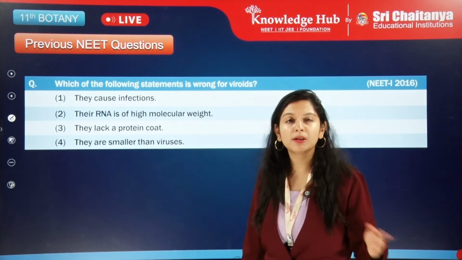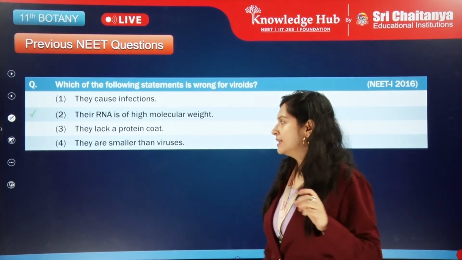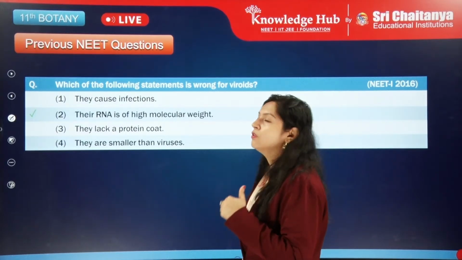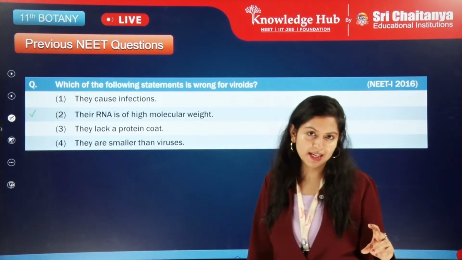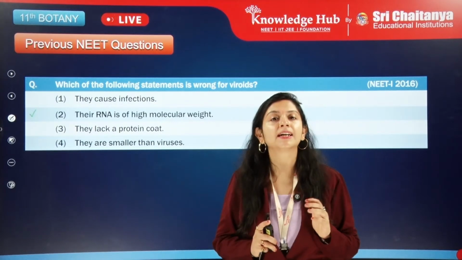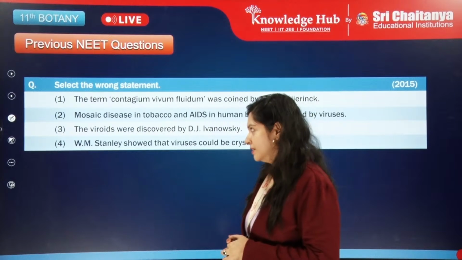You must have guessed the answer by now. The answer is the second one. The RNA is of high molecular weight. It is wrong for the viroids because they are smaller in size, smaller than the viruses. The rest everything is correct. Let's select the wrong statement here.